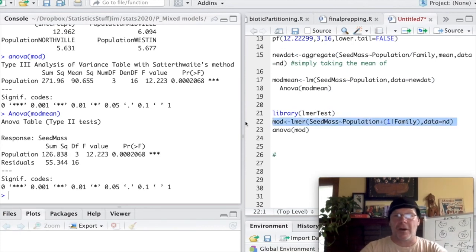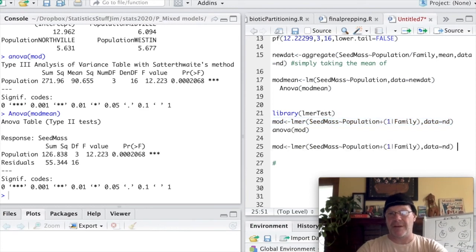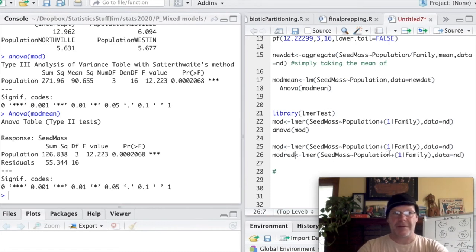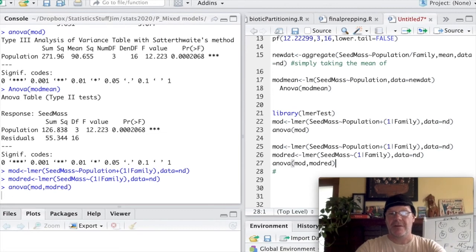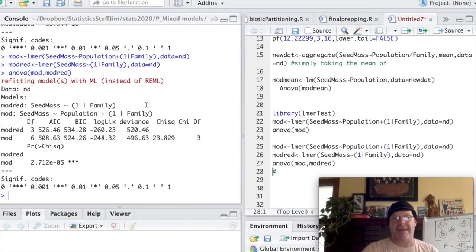Now, obviously, you could also have done the hypothesis testing a number of different ways, right? So we could do it as, I'm going to say, mod reduced, and I'm going to say no population in there. And now if I use anova but give it 2 models, mod and mod reduced, it's doing a likelihood ratio test, which we've also done before, right?